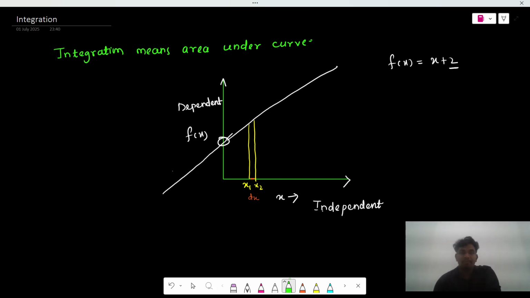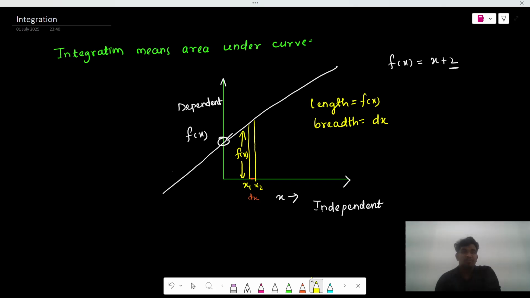Similarly, the y-axis, or vertical axis, represents the function. So I can say that this is f of x. So in this rectangle, we have length, which is equal to f of x, and breadth, which is equal to dx.